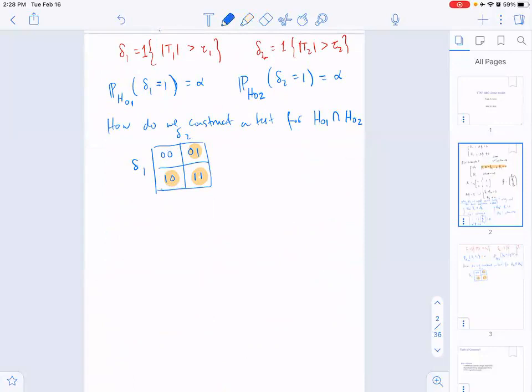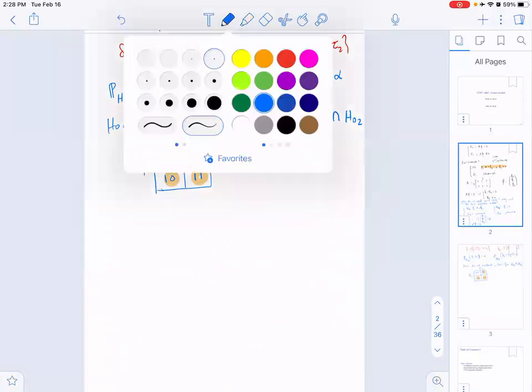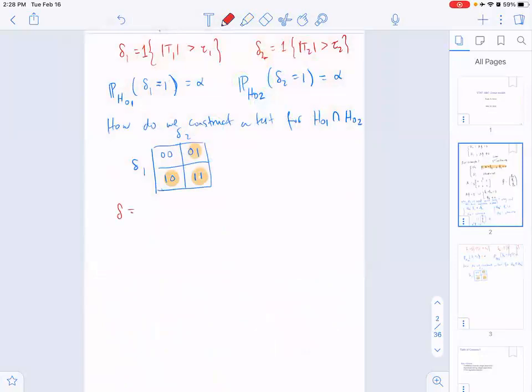So I would devise a test where delta is 1 if delta 1 is 1 or delta 2 is 1. Does that make sense? Okay, it makes sense to reject in that case.